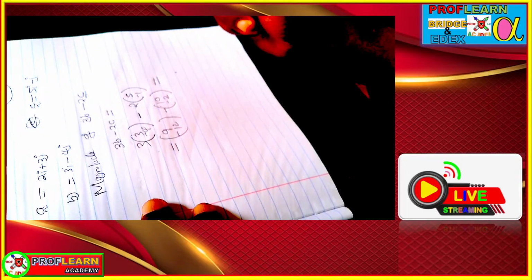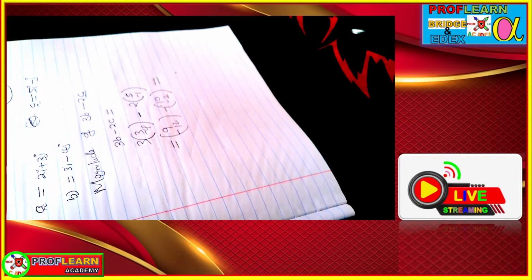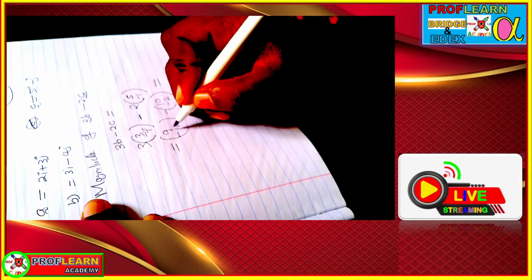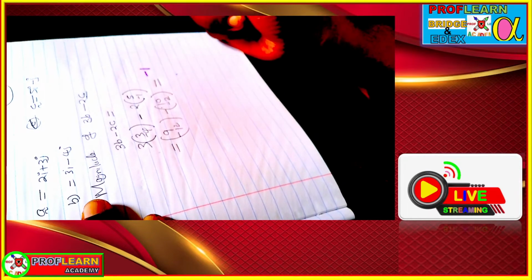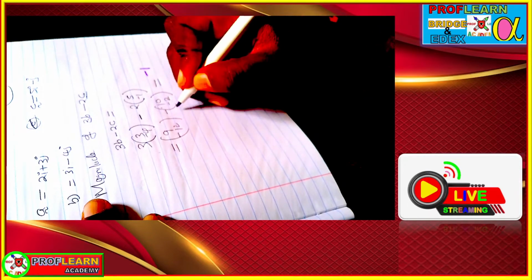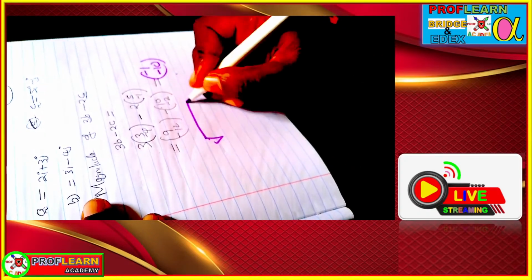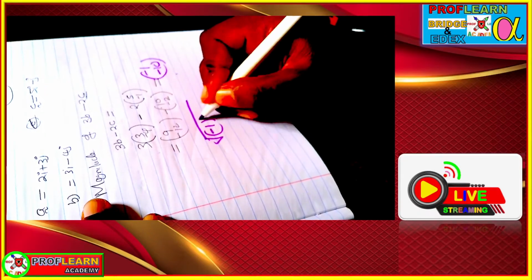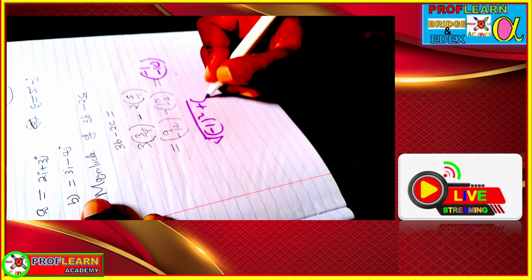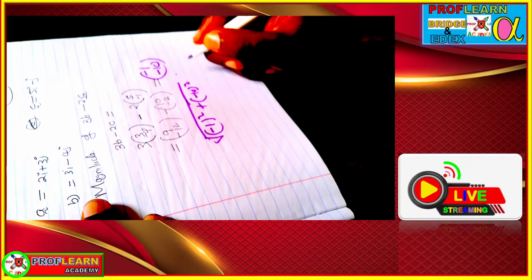If I work out these vectors, this will be -1 and this will be -10. Then the magnitude will be the square root of (-1) squared plus (-10) squared.